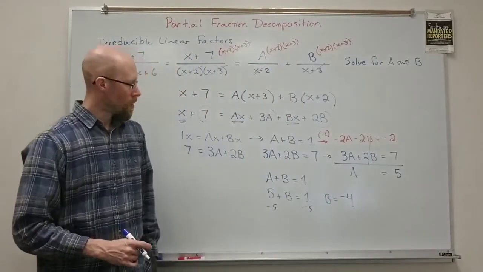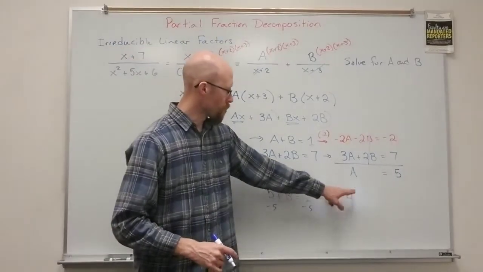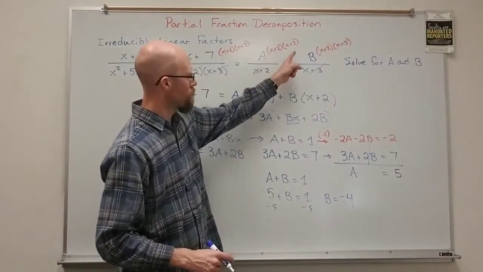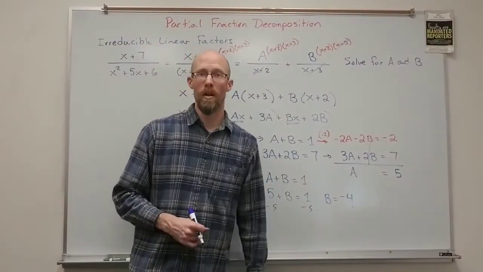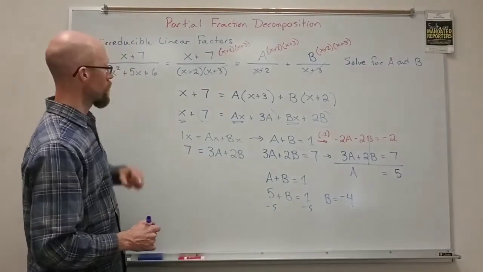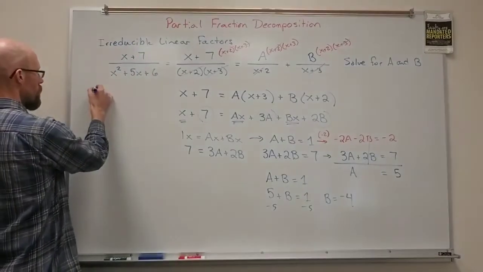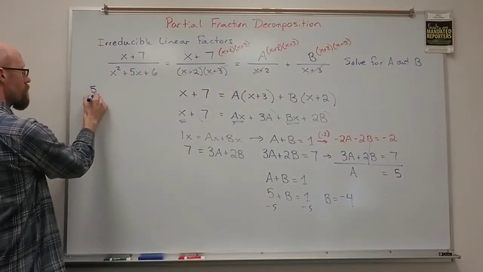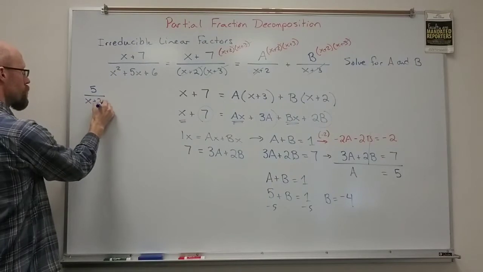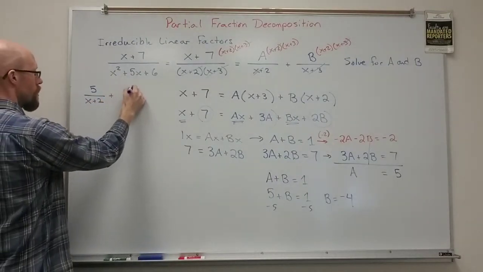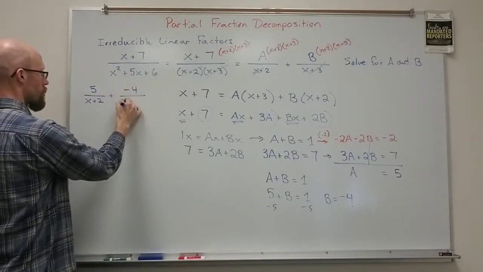Okay? So that tells me then that if I were to replace a with 5 and b with -4, I'll get the two fractions that add up to the original. Now let's check and make sure that works. So basically my answer is going to be 5 over x plus 2 plus -4 over x plus 3.